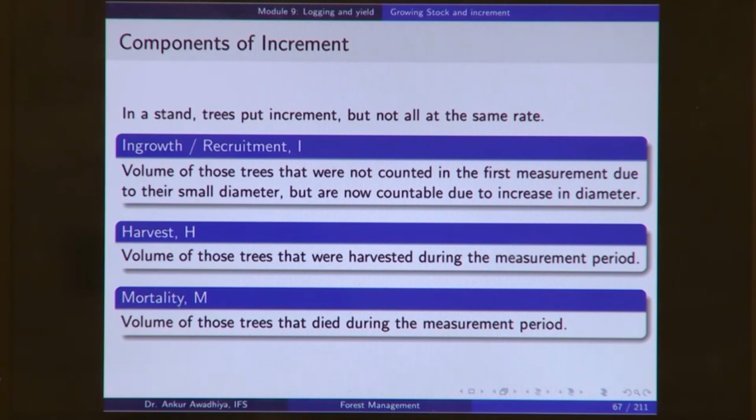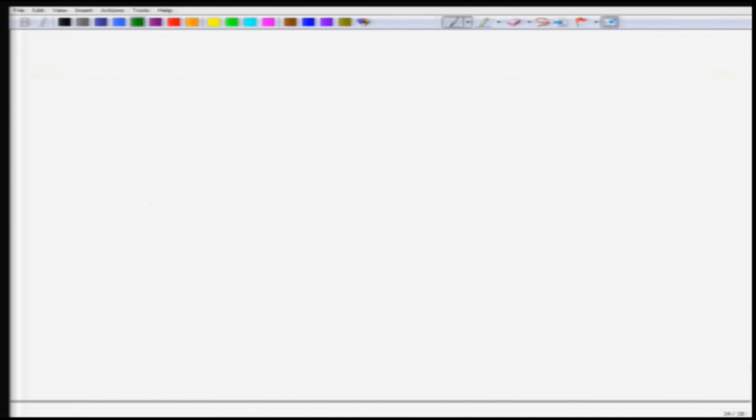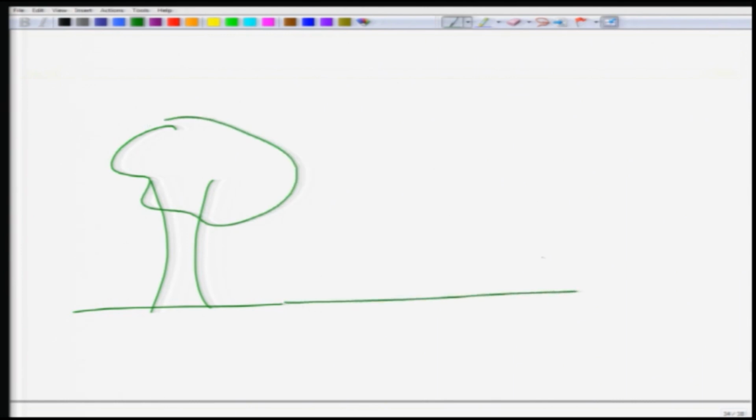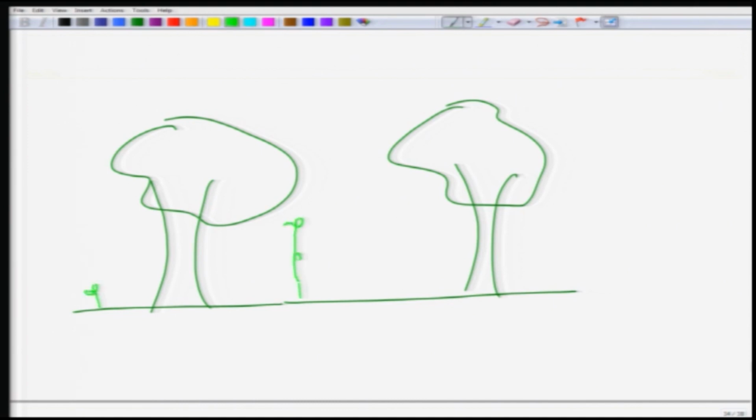So, what we are saying here is that suppose in the first stage we were having some large trees and some small trees. Now, this is at time t is equal to t 0.